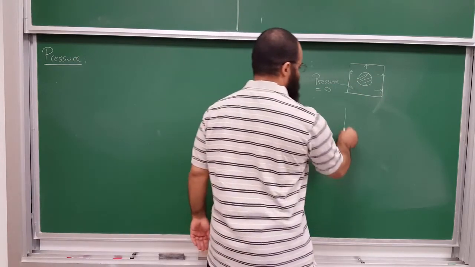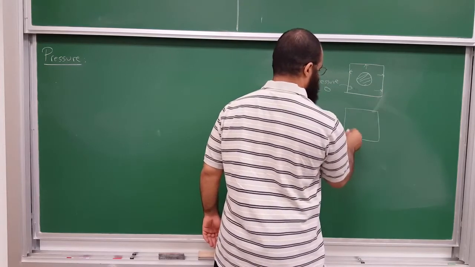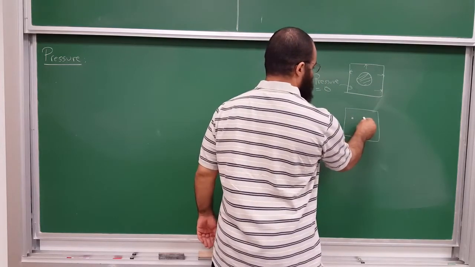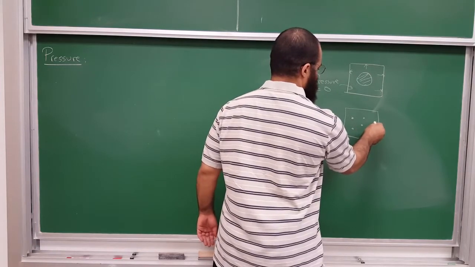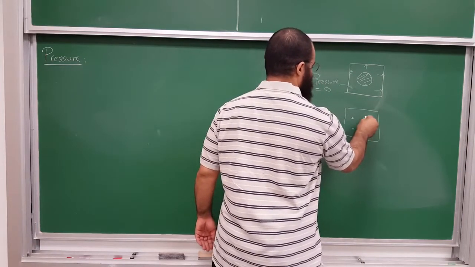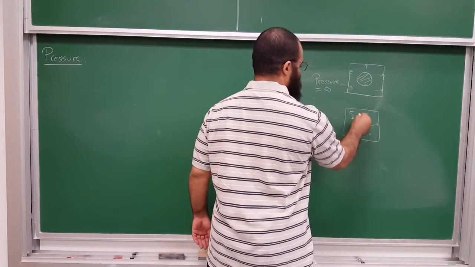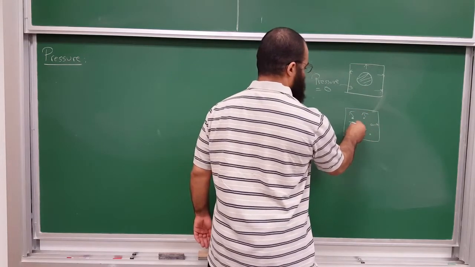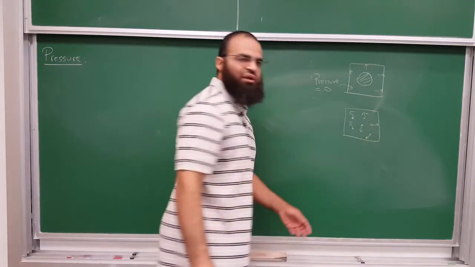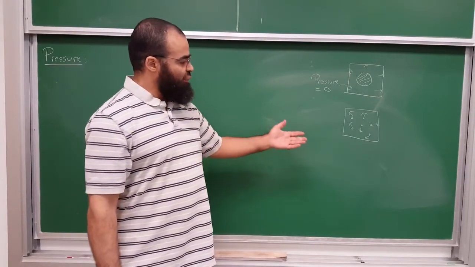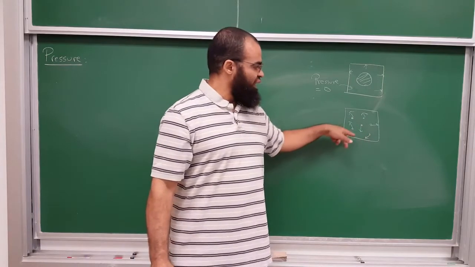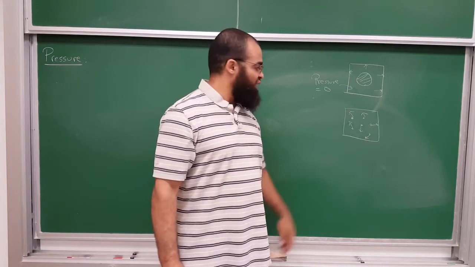On the other hand, if I have a gas, the gas molecules, even in outer space, will be moving in some random directions. You will learn about this when you do thermodynamics in the next course. The kinetic energy of these defines a temperature.